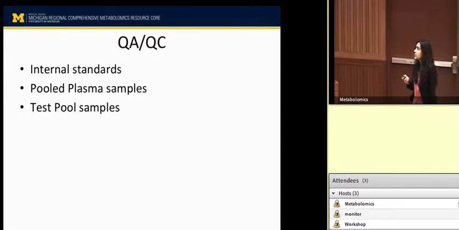We run these samples, and this gives us a good idea about our instrument performance over a period of time, and how reproducible things are. Third, the test pool sample, which is the pool extracted from that particular experiment, and we also use this for quality assessment.